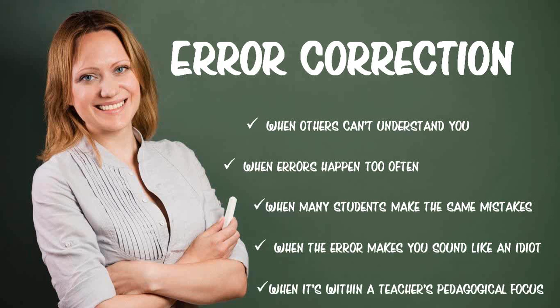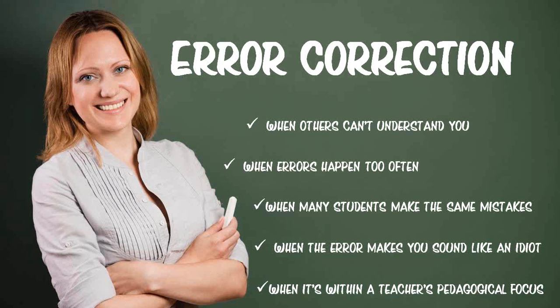Now, the final instance when errors should be corrected is when it's within a teacher's pedagogical focus. So, for example, if a lesson is about irregular forms of verbs, and students make mistakes, for example, with articles or pronouns or whatever else, teachers might be unwilling to focus on correcting such mistakes because this might distract students from the actual point of the lesson.